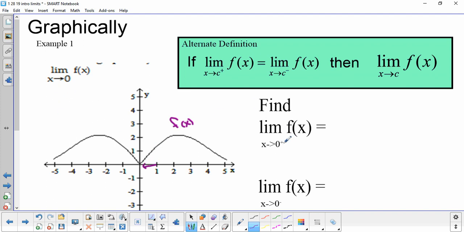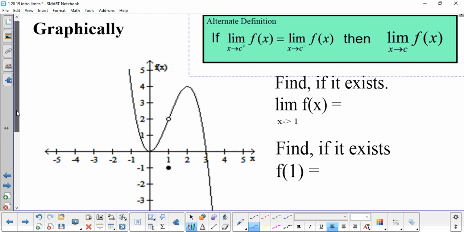As we approach from the right, the y values appear to be going to 0. Approaching from the left side of 0, our y values are also approaching 0. So the limit of f of x as x approaches 0 is 0, because the right and left sides approach the same value.